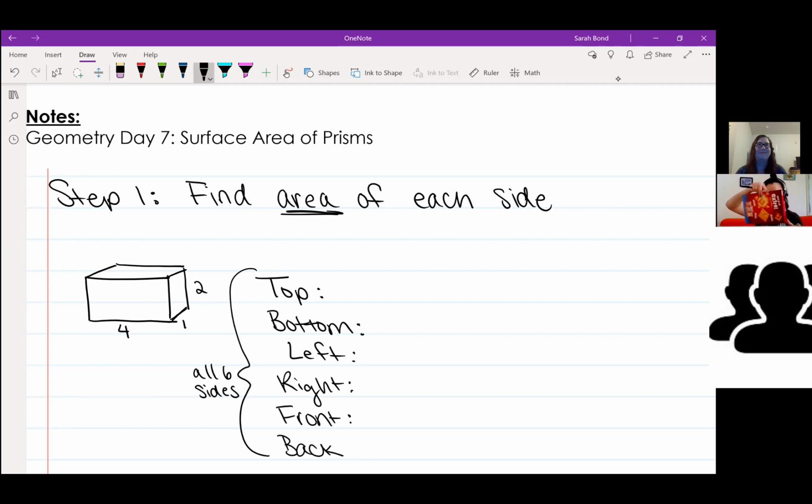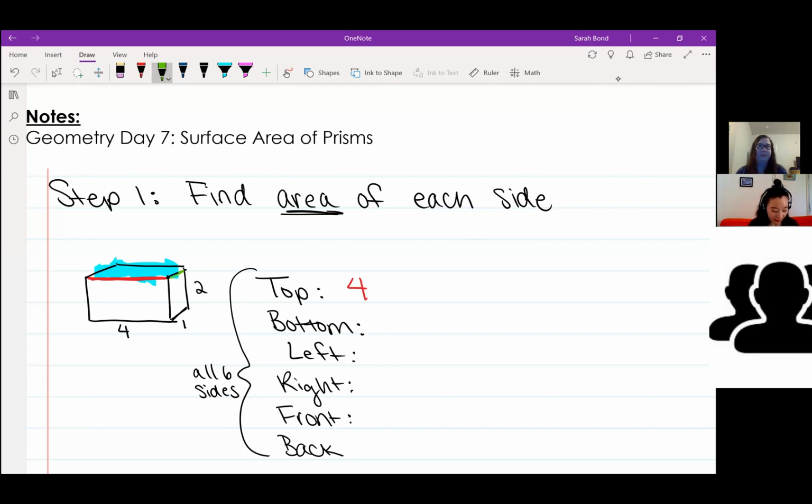So the top is what by what? So what is the dimensions of the top? I can highlight it here. Side over here, I'll highlight it in red, is 4.